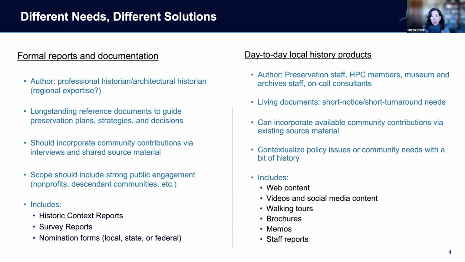And so, when we've done those kinds of day-to-day local history projects that often end up as, say, web content, living documents on our website, we're typically reliant on just those quickly available secondary sources.